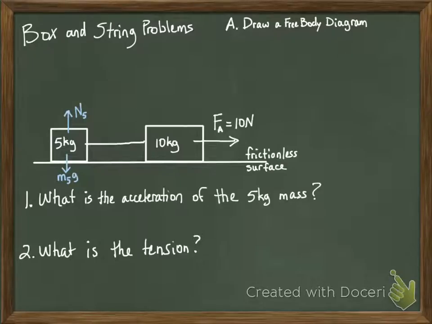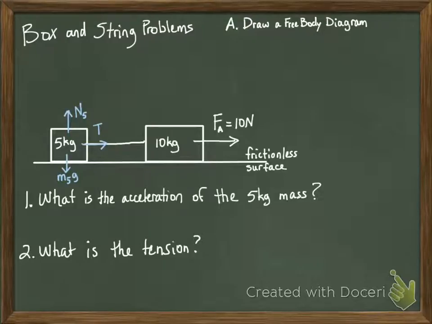And because I've got two masses, I'm also going to have two normal forces. So I'm going to label this first normal force as N5. That means it's the normal force of the 5 kilogram mass. And then the next force I'm going to label here is the tension force, the tension in the string. Since there is no friction involved and there are no springs attached to this, that is, ladies and gentlemen, the free body diagram on the first mass.